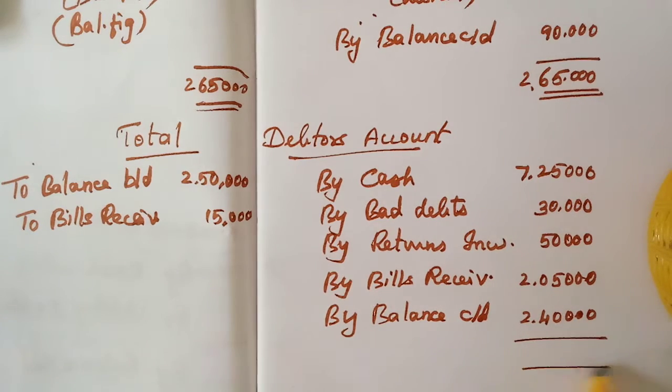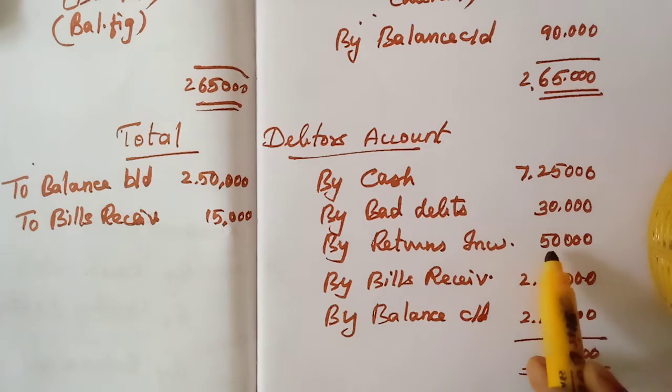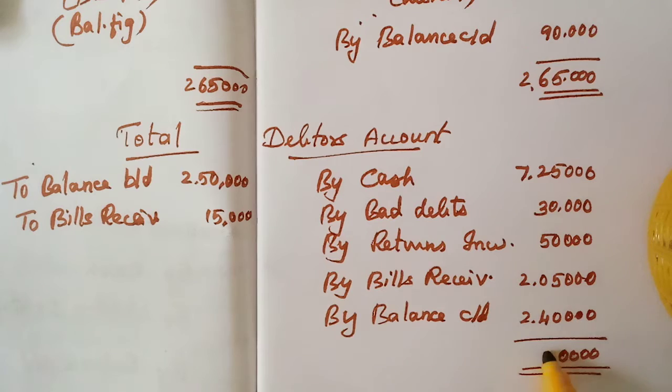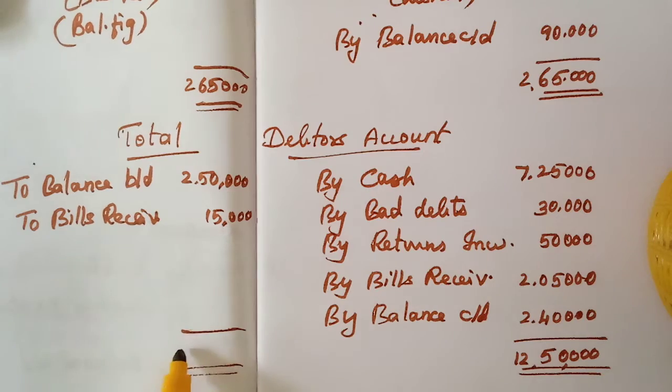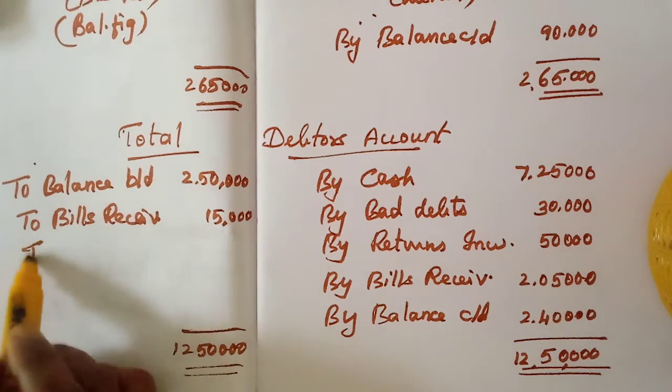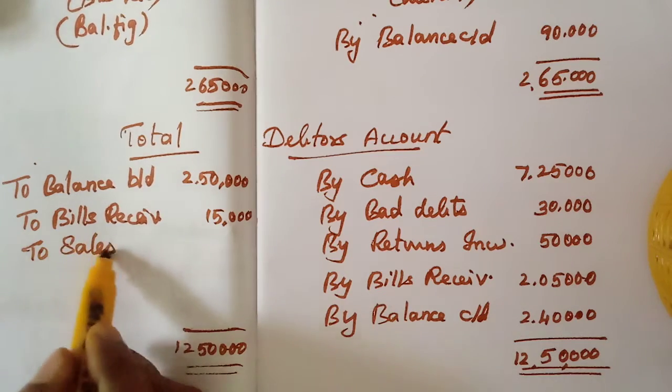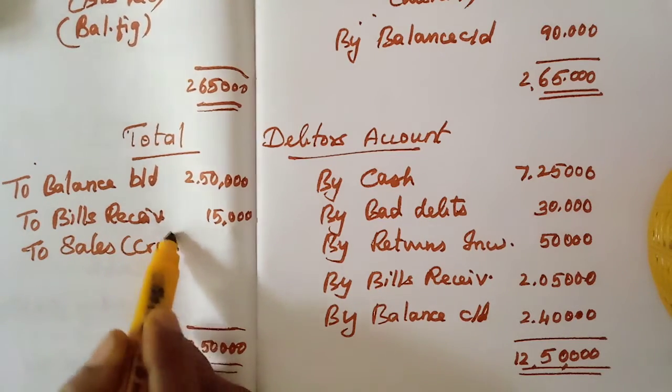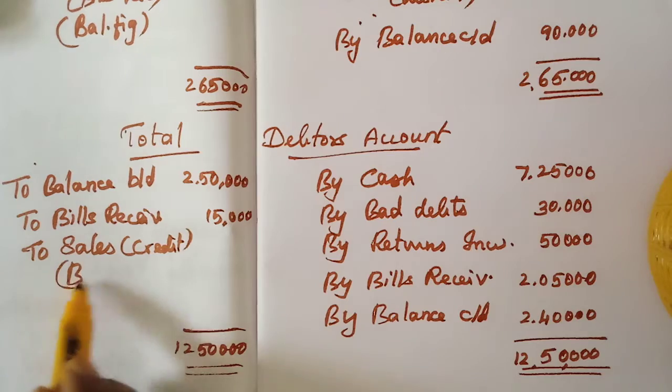Now we should balance the account. Okay. 0, 5 plus 5, 10, balance 1, 3, 6, 11, 15, balance 1, 3, 5, 5 plus 7, 12. 12 lakh 50,000. Okay, then sales, credit sales, the balancing figure.